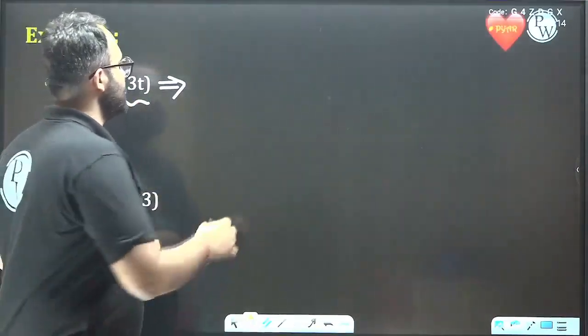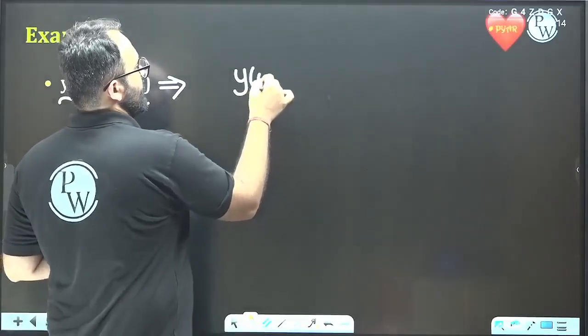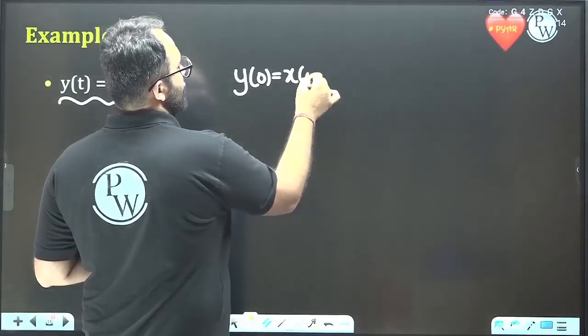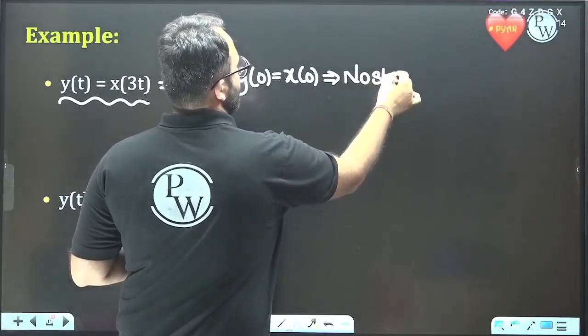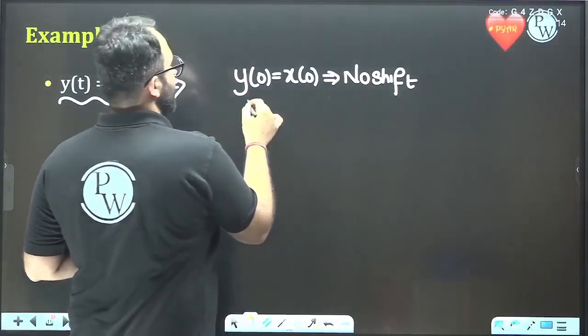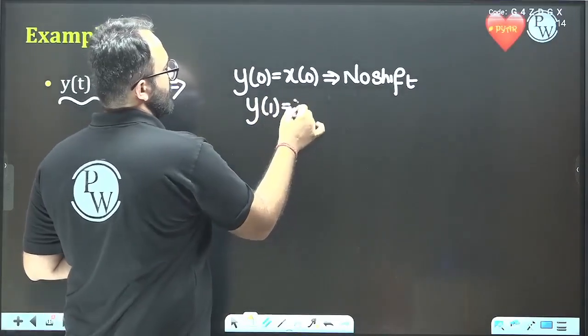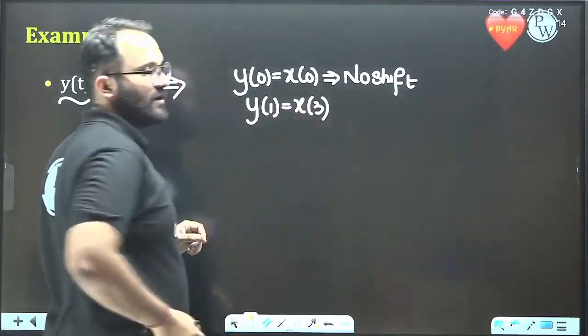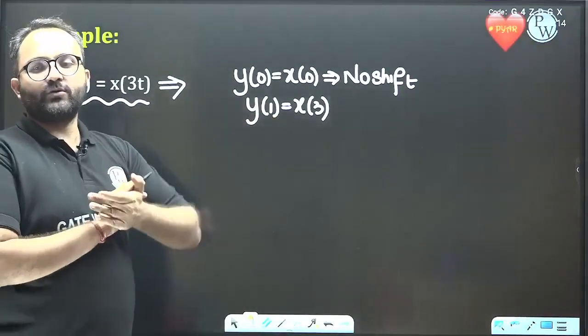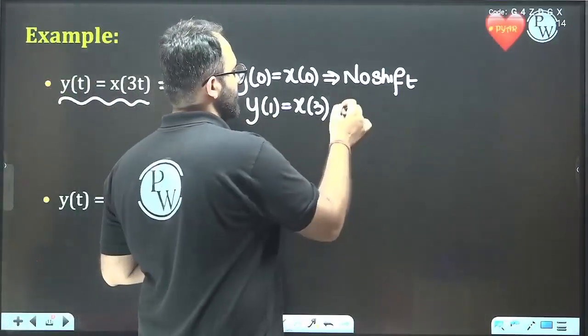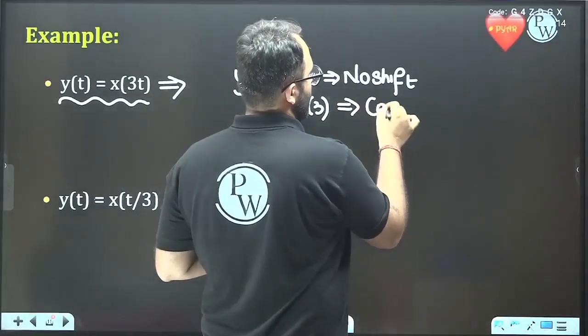Only we can see that y(0) equals x(0) means no shifting. But y(1) is equal to x(3). y(1) equals x(3) means 3 is going to 1. 3 is going to 1 means it is contracting, compressing.